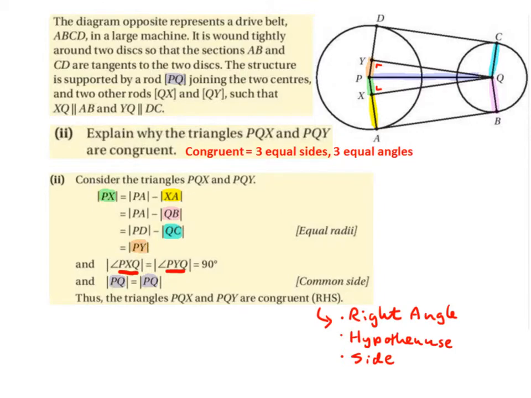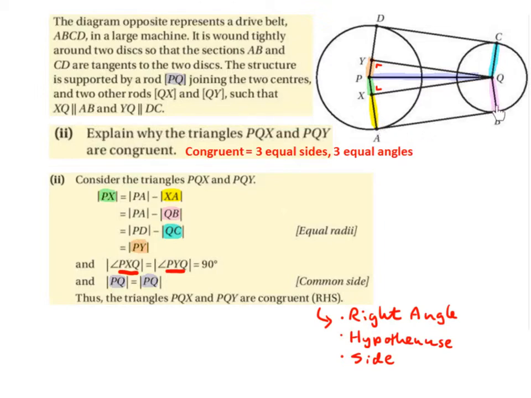Also, the angle PXQ, this right angle here, is equal to the angle PYQ, this right angle here, so they're both equal to 90 degrees. We know that because this angle here is definitely 90 degrees because it's a tangent to a radius.